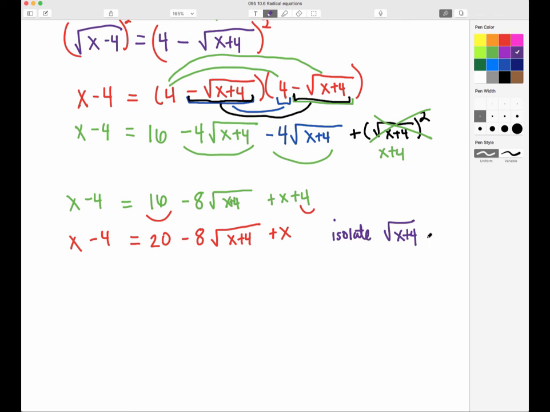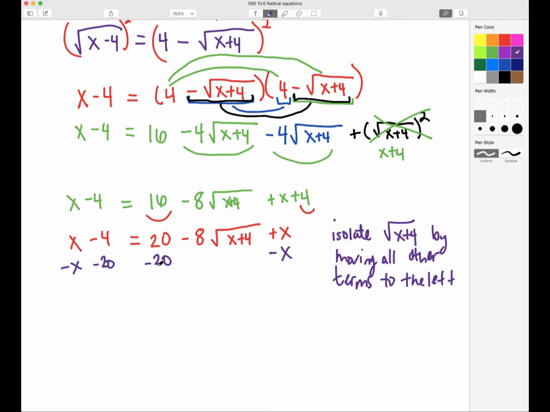Isolate the square root of x plus 4 by moving all other terms to the left. So that means I'll subtract x from both sides. Okay, I'm going to subtract 20 from both sides.